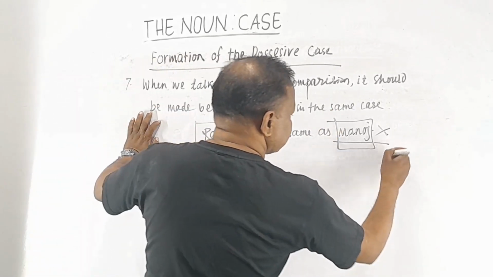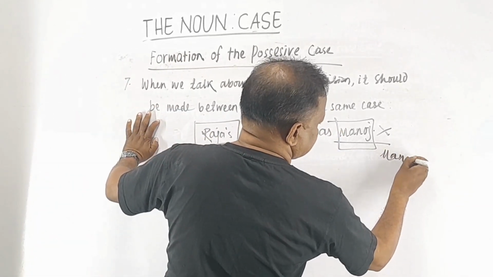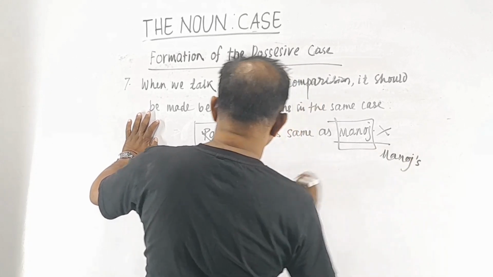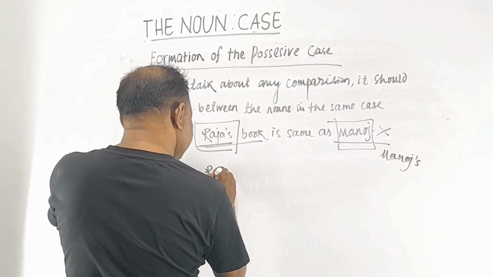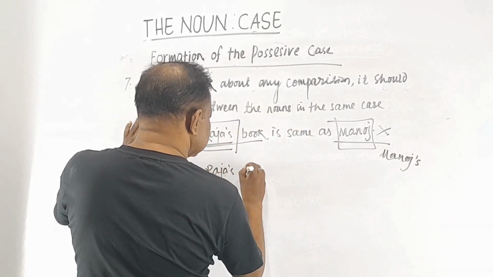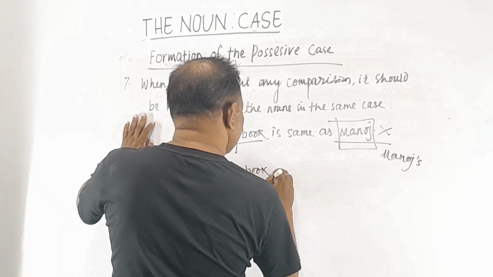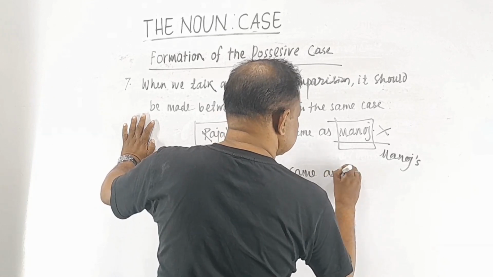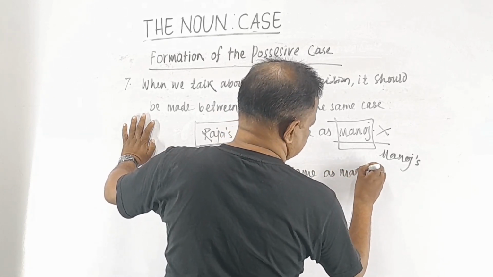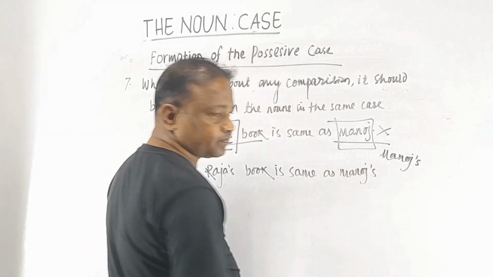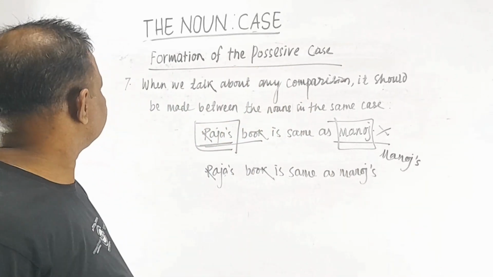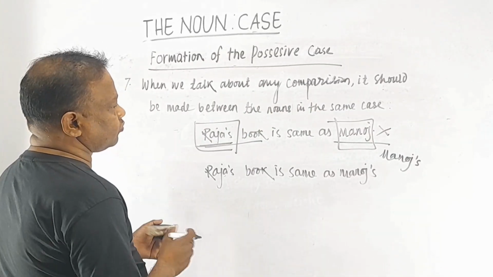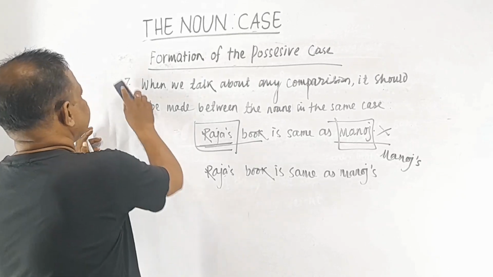So we need to write Manoj's. So the correct answer is Raja's book is same as Manoj's. Okay.